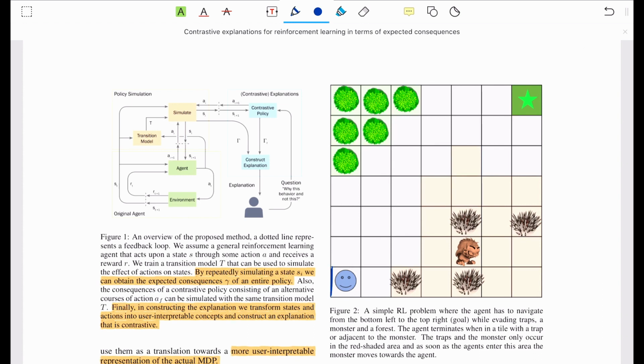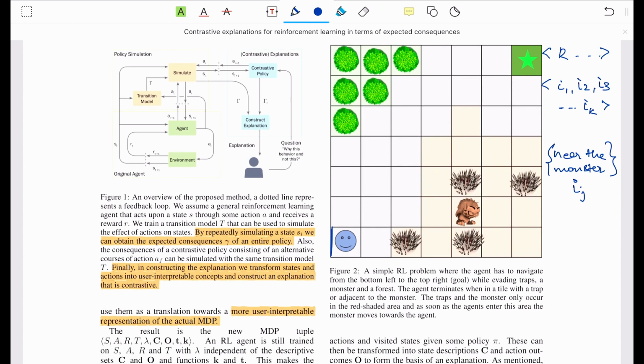Now to get these concepts, what this paper does is, let's suppose, as I mentioned, there are k concepts, as in I1, I2, I3 and so on till Ik. Now what we can do is, given a concept like near the monster, let's suppose this is some Ij concept, what we can do is get examples from the environment where the agent is maybe here, or the agent can be here, or whatever qualifies as being true for this particular concept.